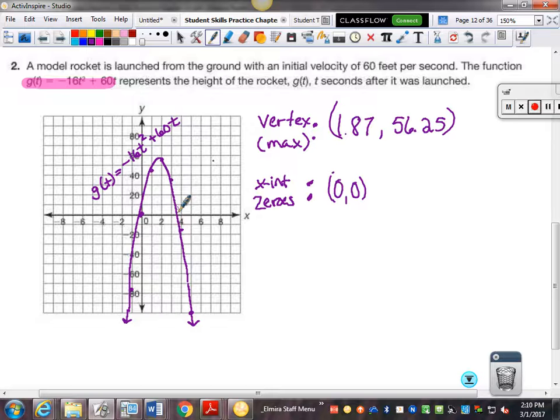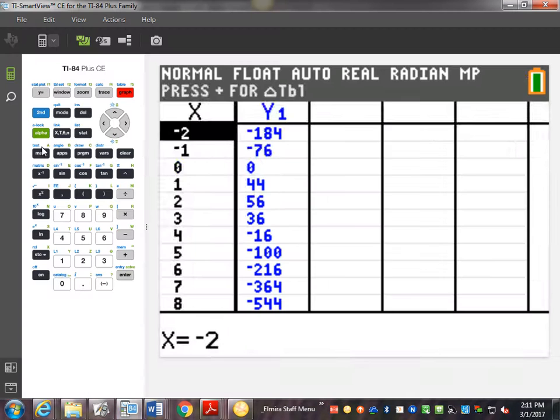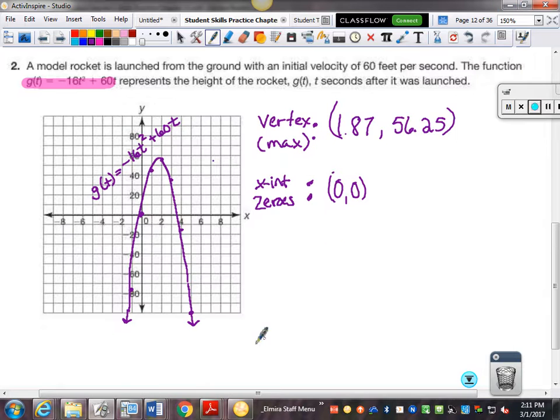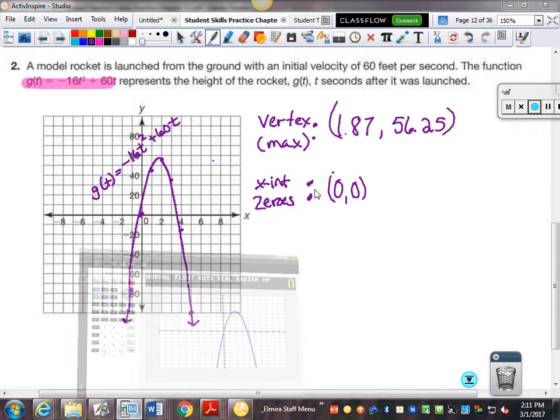But I can see that when it crosses the x-axis on the right-hand side, it crosses somewhere between 3 and 4. And you don't want to guess what that is. We're looking for exact. It says round to the nearest hundredth. Now the same series of steps that we did just now on the calculator to find the vertex, we do the same thing to find the zeros.